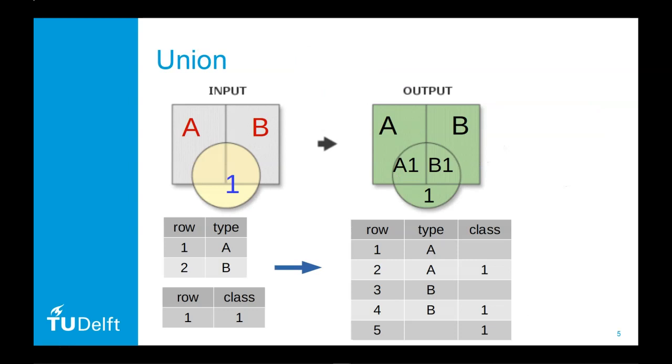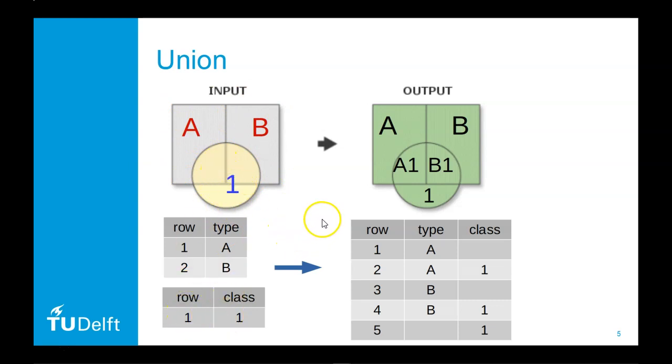A slightly more complex geoprocessing tool is the union. Here you can see that all the objects are kept, all the geometric objects are kept, but there's also something happening with the attribute tables of the two input layers. Here you can see for the gray rectangles there's an A and B part, and for the yellow circle there's a 1 included in the attribute table.